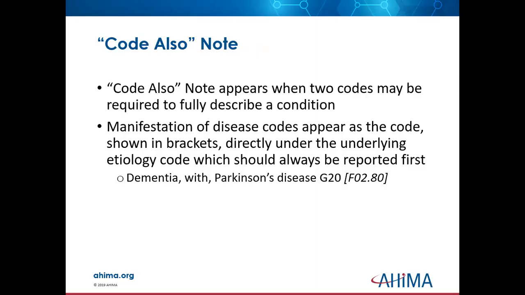Code also appears when two codes are required to describe a condition. The manifestation of these codes appears as the code in brackets, usually under the underlying etiology term, should always be reported first. So in other words, dementia with Parkinson's disease, the G20 comes first.